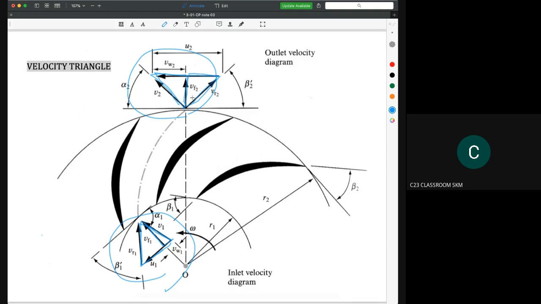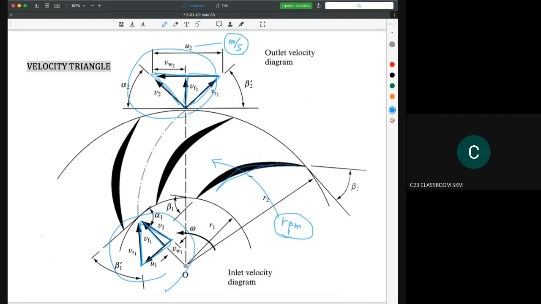Velocity triangle here is in linear velocity, so the unit here is meter per second. And the blade here actually rotates at a certain speed, in RPM. That's why I said in previous lectures, you need to understand how to convert the RPM to the linear velocity, because in velocity triangle the unit is meter per second.